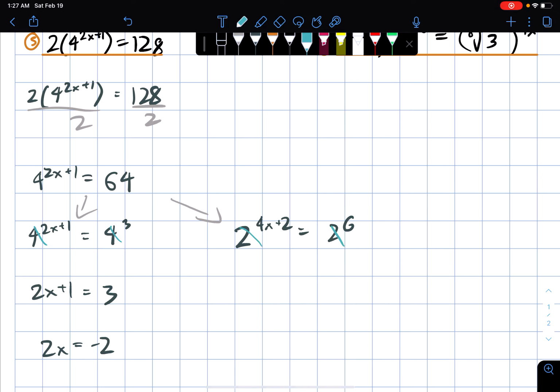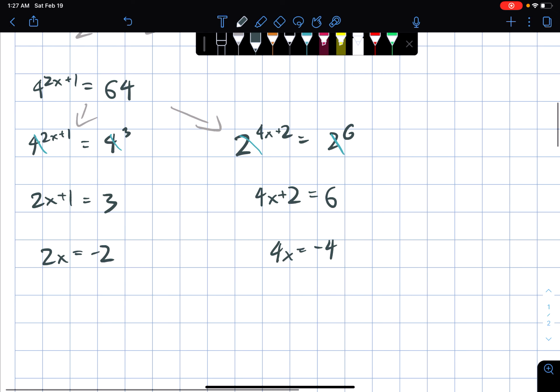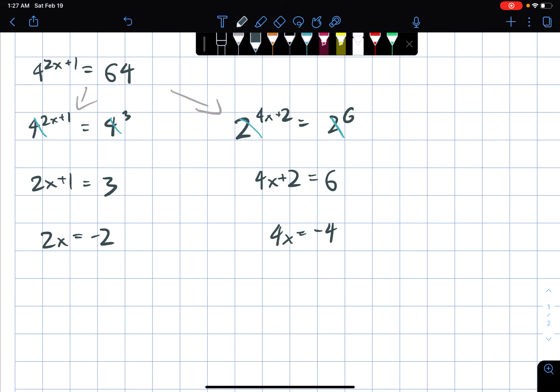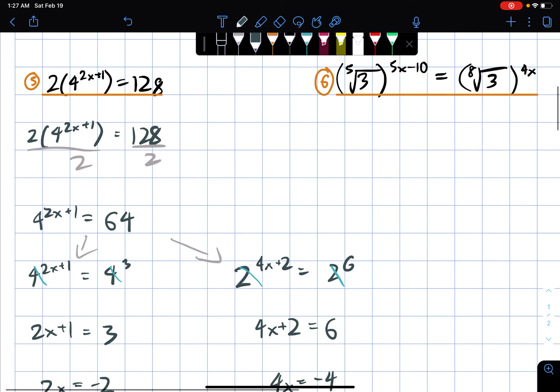We cancel the bases of both sides, and 4x plus 2 is equal to 6. 4x is equal to negative 4. Huh. 4x is equal to negative 1. And also in solution 1, we get negative 1.